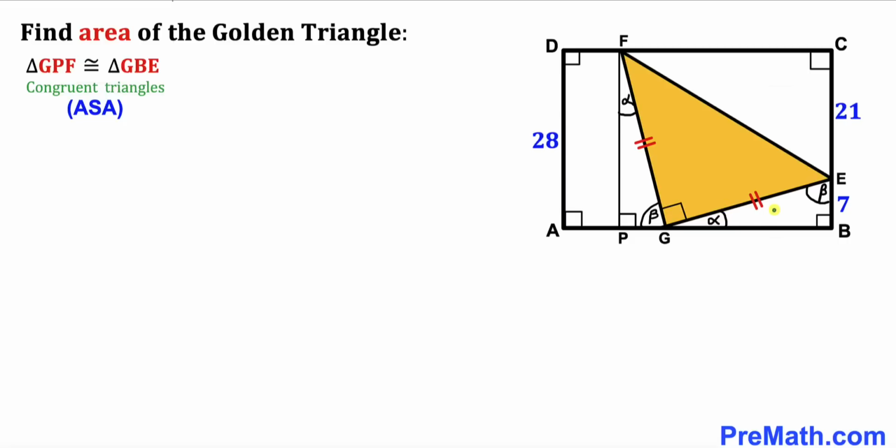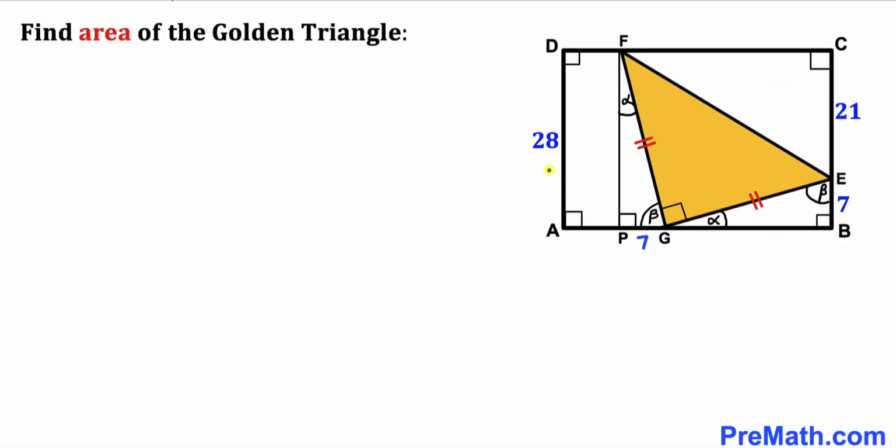Since these two triangles are congruent, this segment PG is going to be congruent to this tiny side length EB. And since this side length is 7, this PG length is going to be 7 units as well.